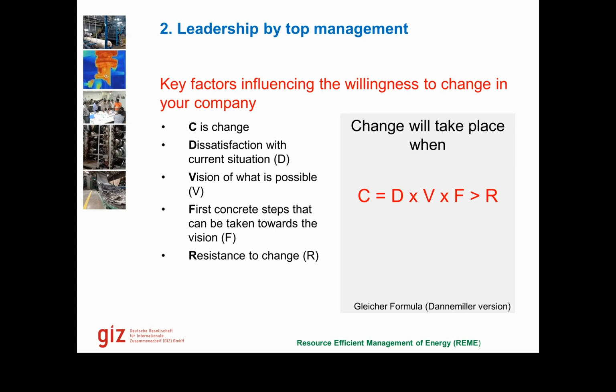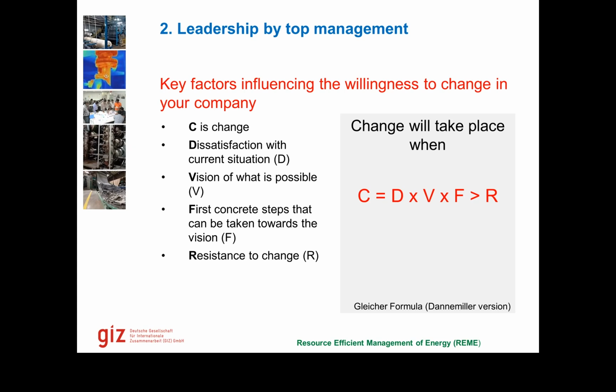which says in this formula C is change. So change will be brought only when the degree of dissatisfaction from the current situation is there, and then a vision of a possible future state, a target of possible future state, that is V, is existing, and first concrete steps are taken.